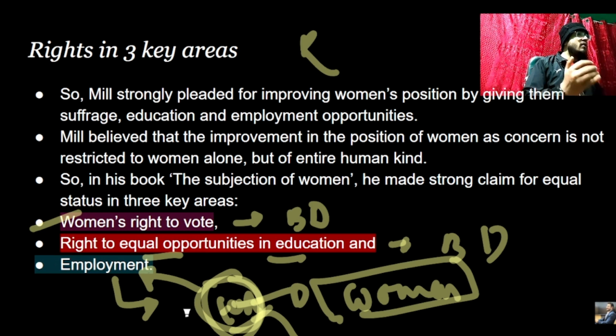Without employing them, how can we conclude that there is certain employment which is not compatible for women, right? So these are three areas which Mill is advocating, which should be very fundamental to women for their progress in society. What are the three? Right to vote, right to equal opportunity in education, and employment, right?